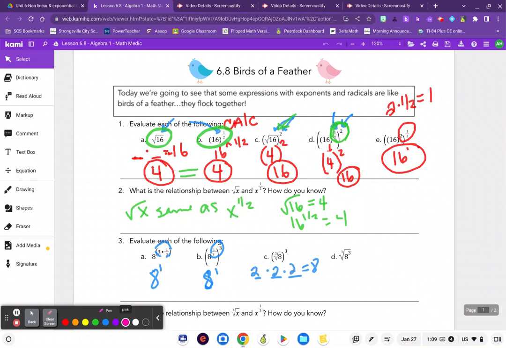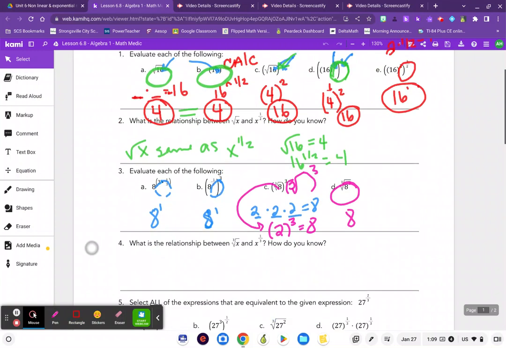So what that means is I've got 2 cubed, and 2 cubed is 8. Oh, it turns out that the cube root and the cube undo each other. We actually knew that from a previous lesson. And so same thing happens here, right? A cube root and a cube undo each other, and I'm left with 8.